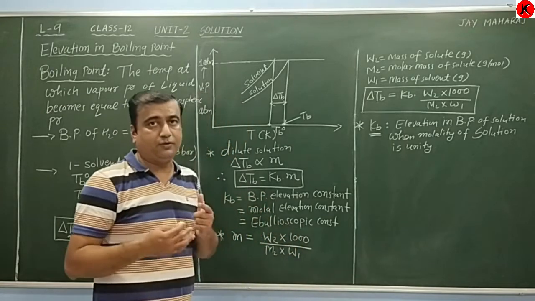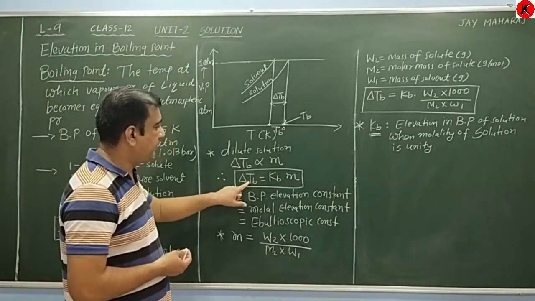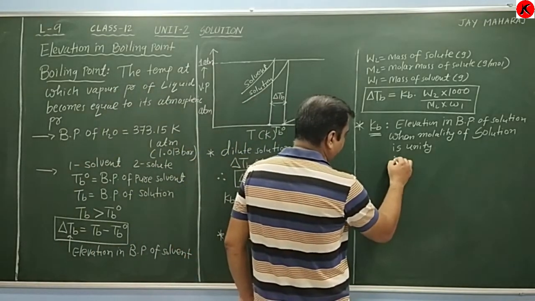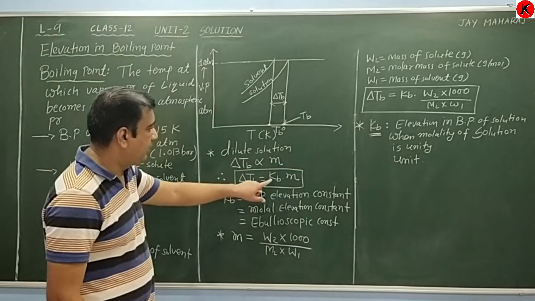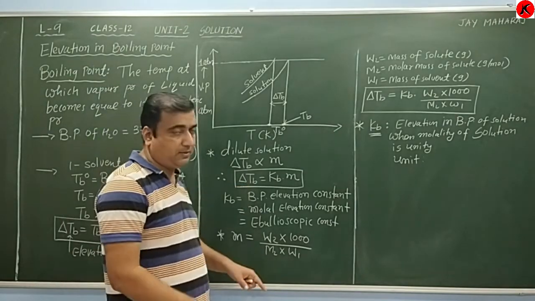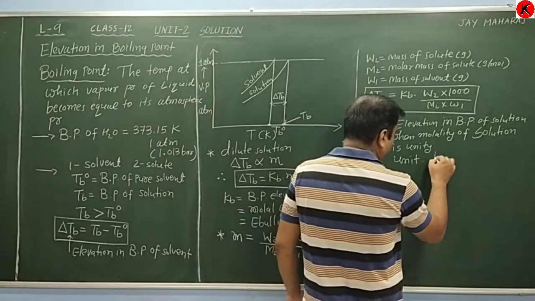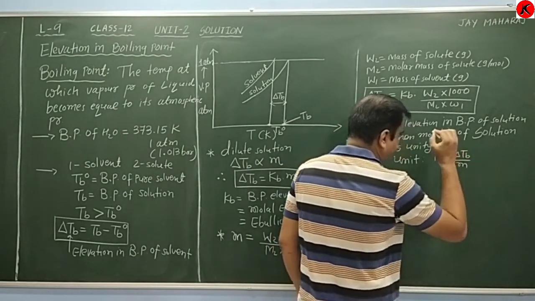Now what will be the unit of the molar elevation constant? We know delta Tb equal to Kb into m. Therefore Kb equal to delta Tb upon m.